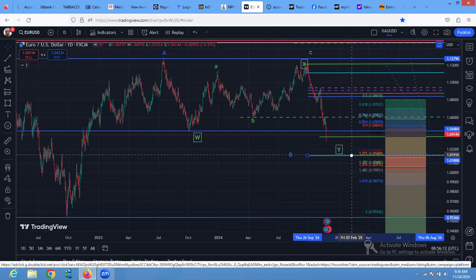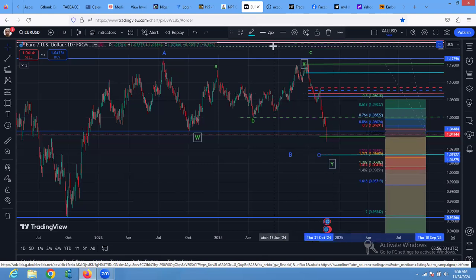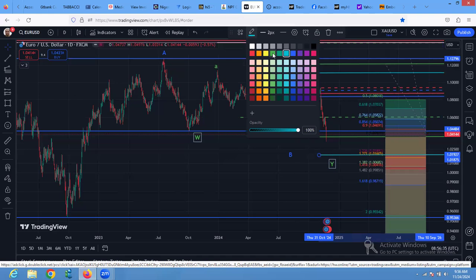So we are looking at this as a 1.23 area where price may come to. I don't expect more than this from this. A 1.23 area for price to engage now.